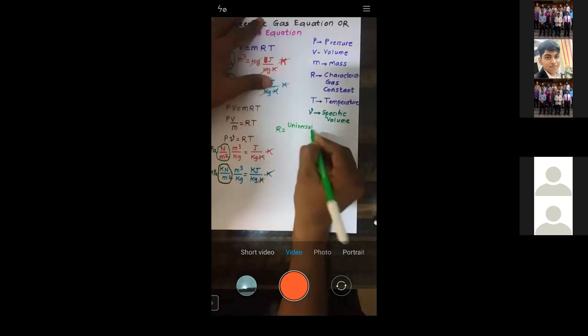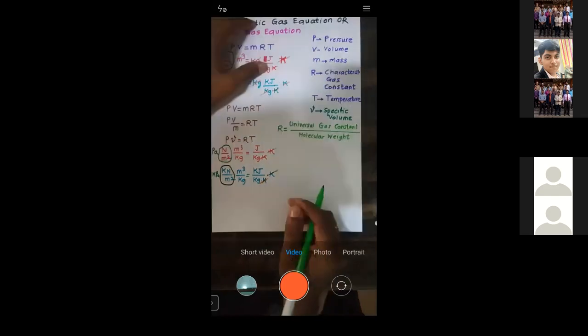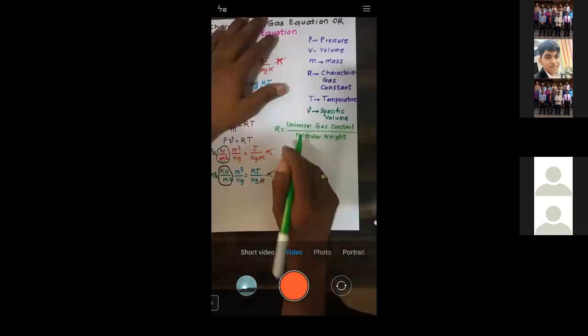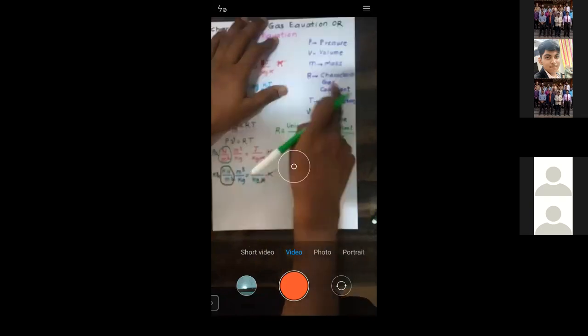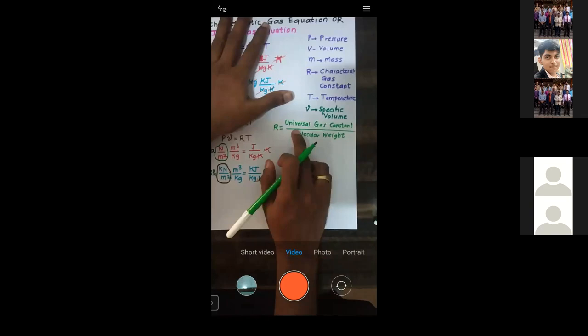This R will change as the fluid changes. For oxygen it will be different, for nitrogen it will be different. So how to get this characteristic gas constant? It is the ratio of the universal gas constant to the molecular weight.